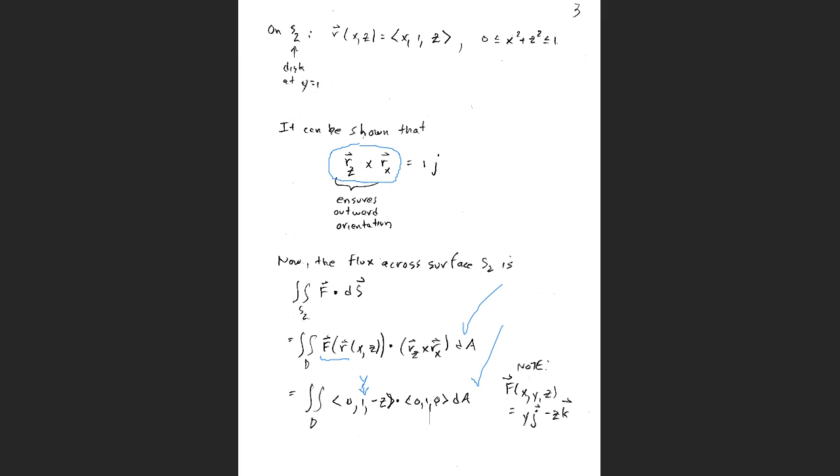The third component is negative z based on the force field vector. The x component is 0. All right. Let me know when you're ready to go to the next page. Let me know if you have any questions.